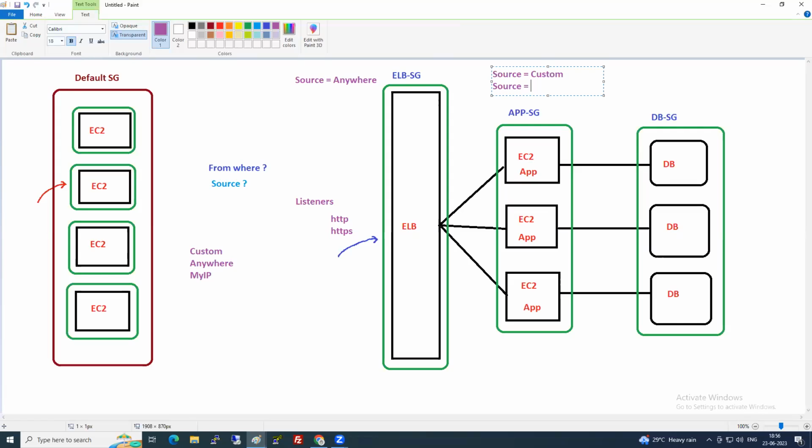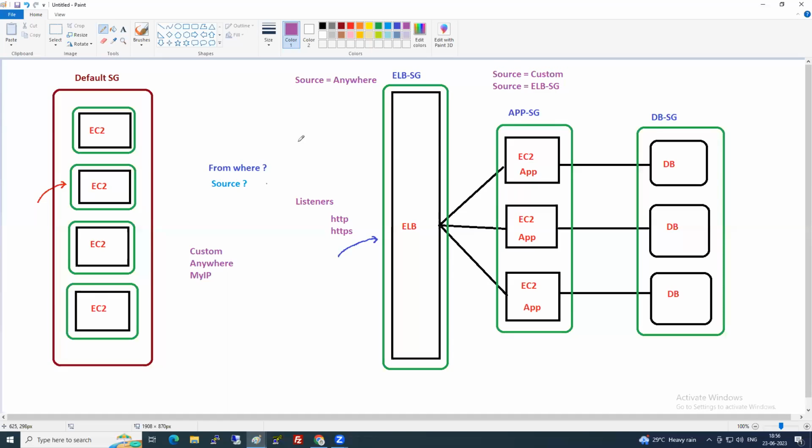Is it recommended for clients to connect directly to your app servers? No, the traffic should come only from the load balancer security group. The source here is ELBSG. So clients will not connect directly to app SG, because the traffic is allowed only from ELBSG. If anyone else connects, it will break. See how I'm restricting it.